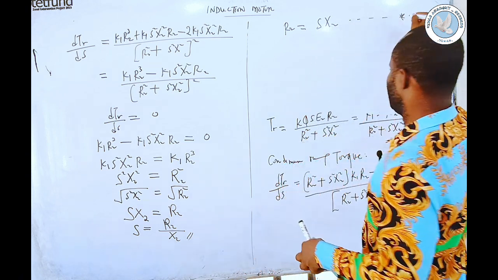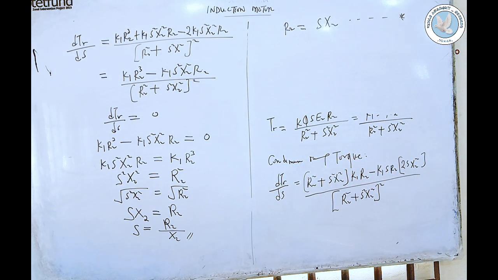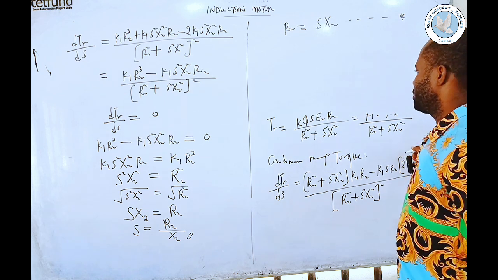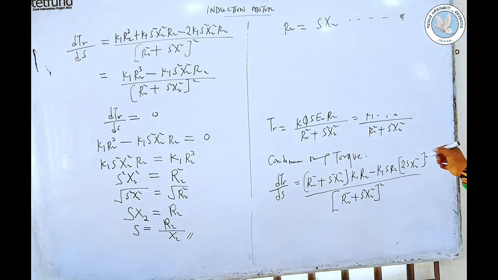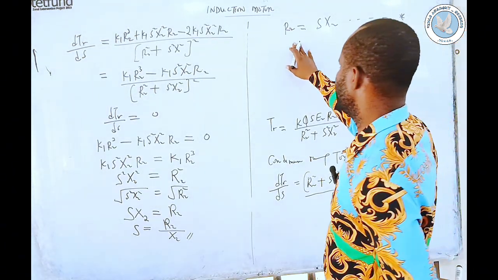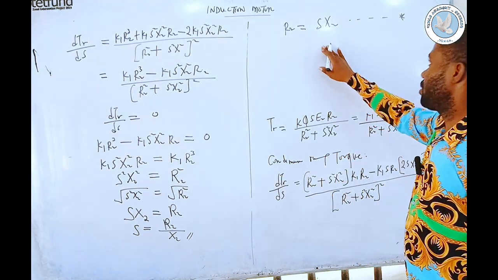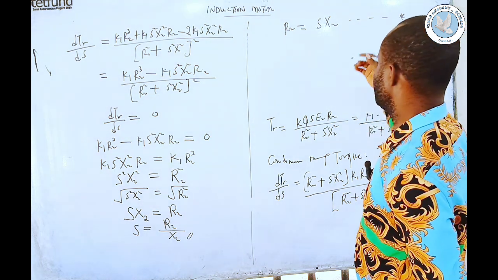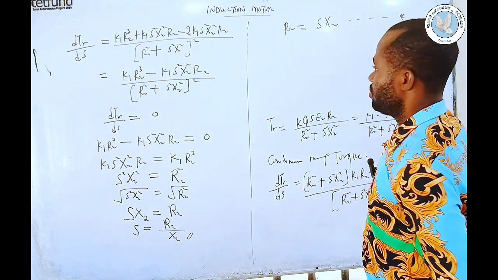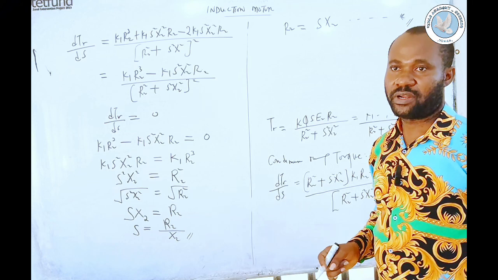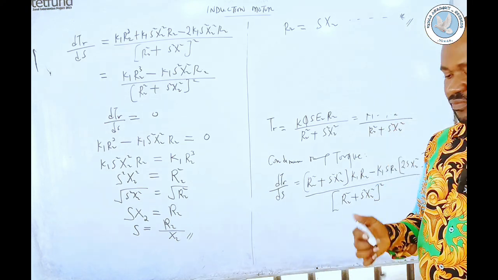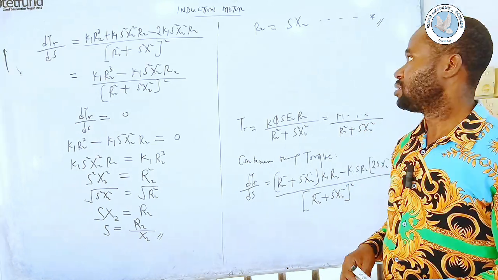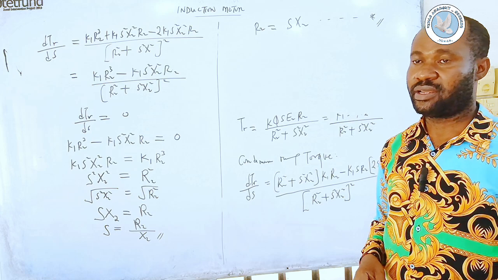This is the condition that for a maximum running torque, the rotor resistance must be slip multiplied with the rotor reactance. At this point, we are going to stop here for further examples in our subsequent videos on this topic. Let's look forward to other exciting topics.